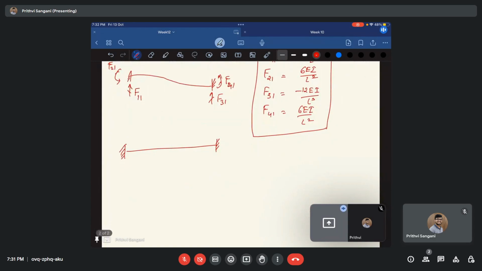So I'll try to rotate in this direction, theta equal to 1 unit. So if theta is equal to 1, if you remember the solution for that, it is something like this.